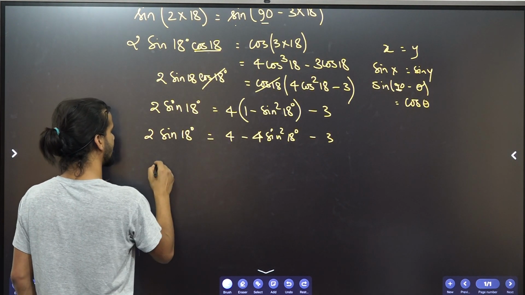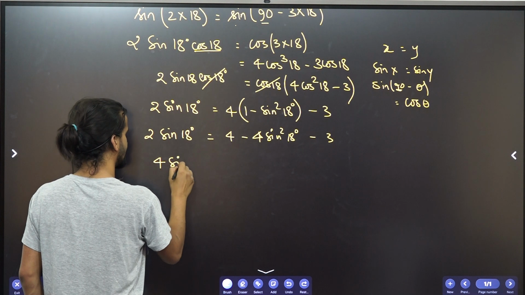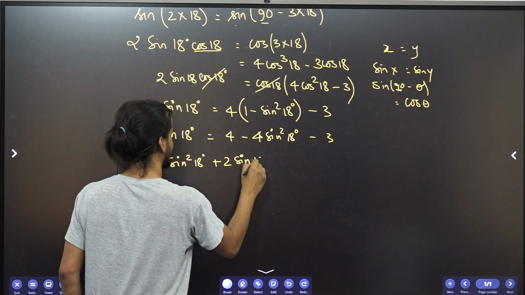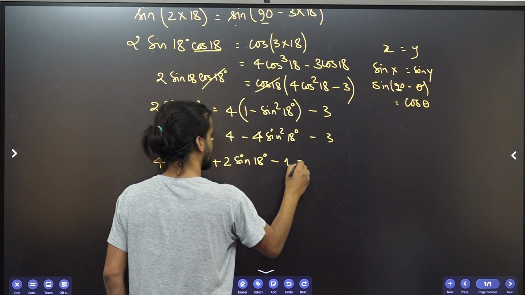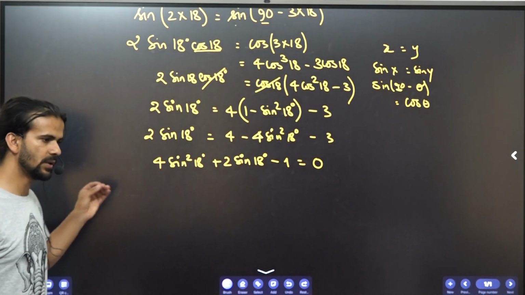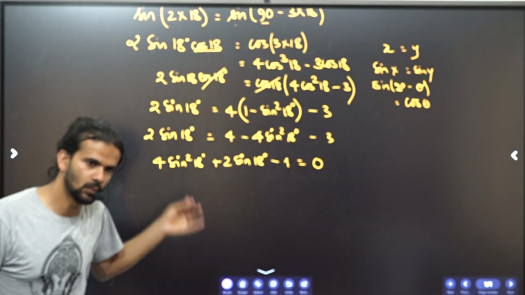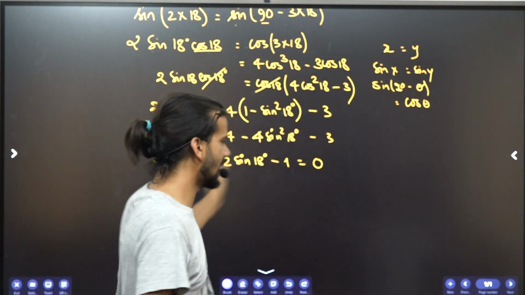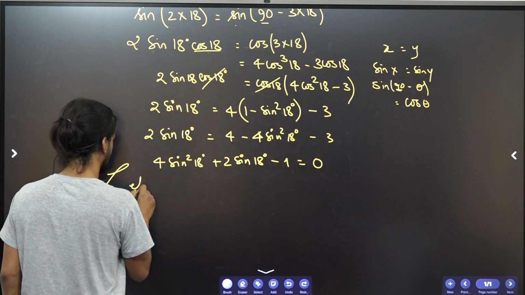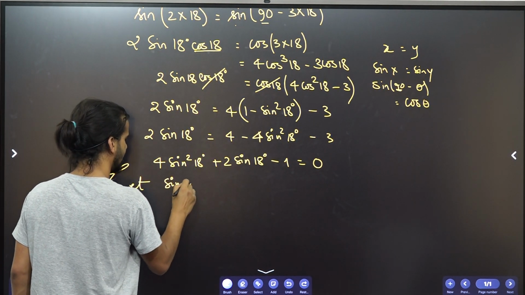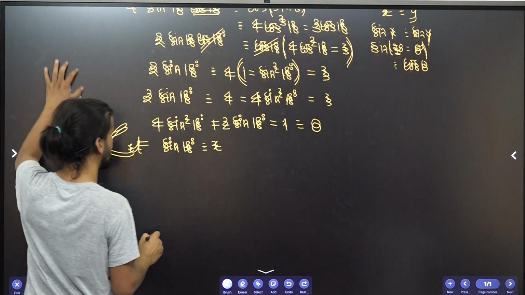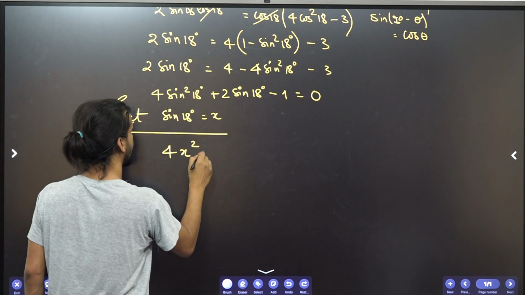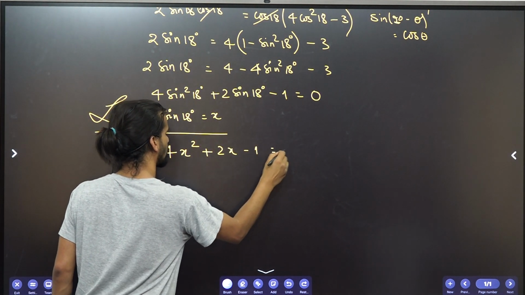We bring this one here: 4 sin square 18 degrees plus 2 sin 18 degrees minus 1 equals 0. How do we find the value of sin 18? We consider that as something we don't know, as x. Let sin 18 equal x. This is what we need to find. So it turns into an equation of what? 4x square plus 2x minus 1 equals 0.